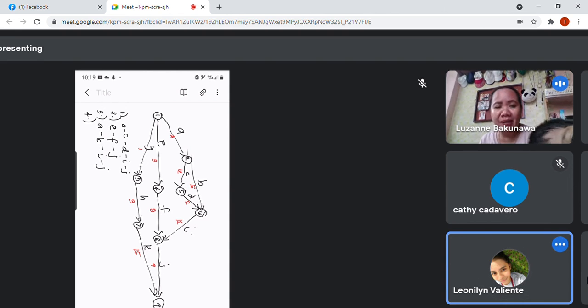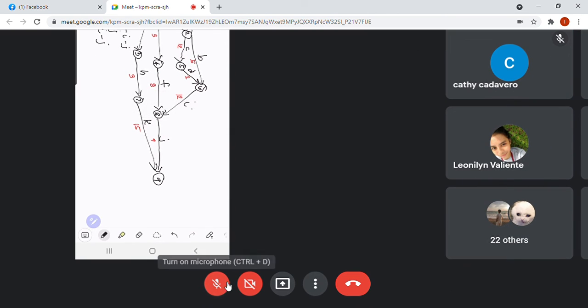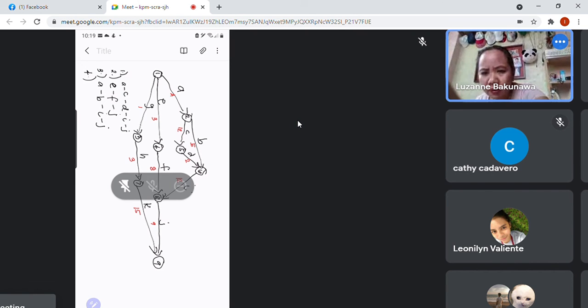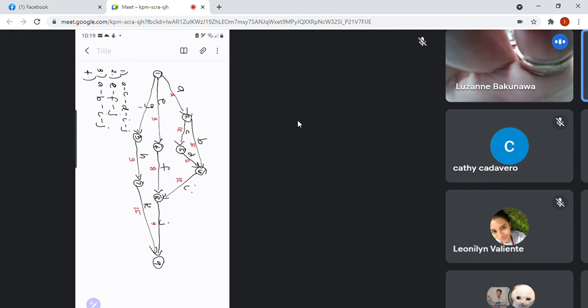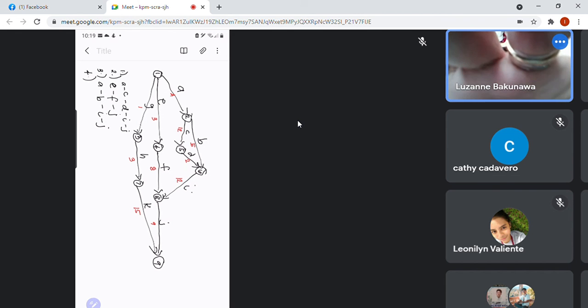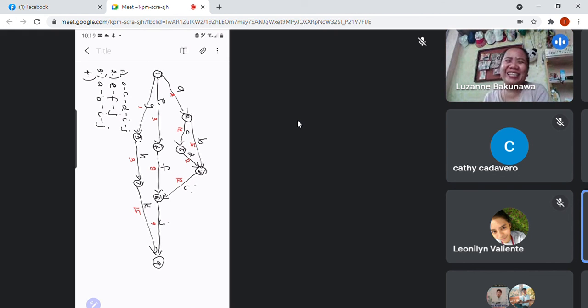I think one path is left. G, H, and K. Okay, so from that, there are no other paths.